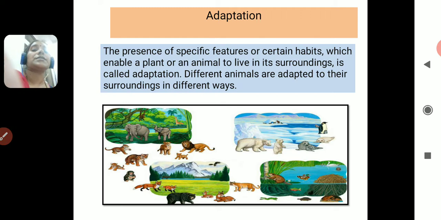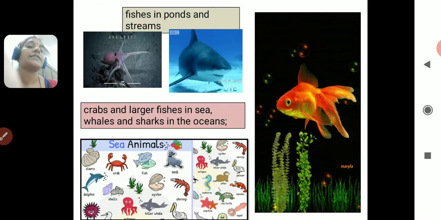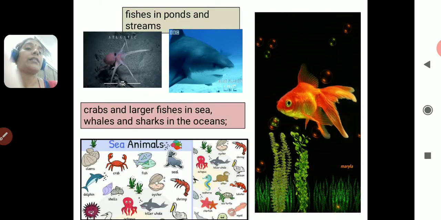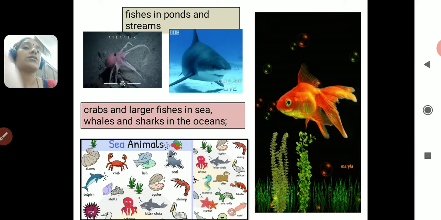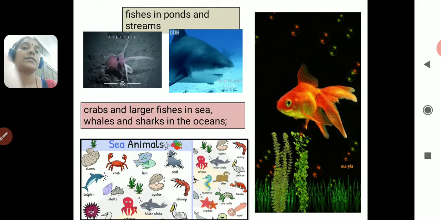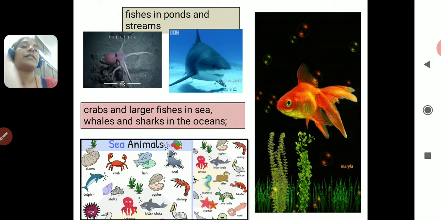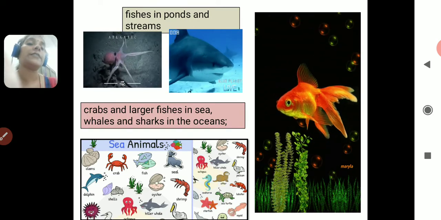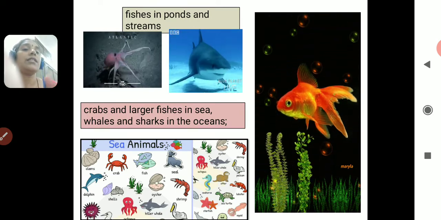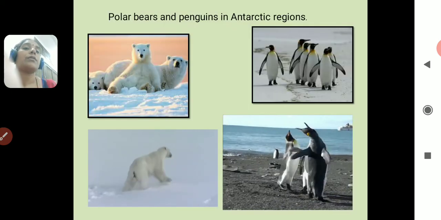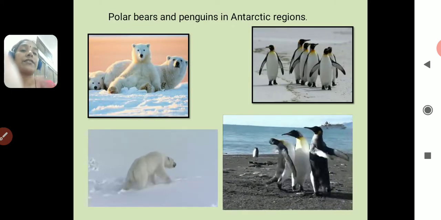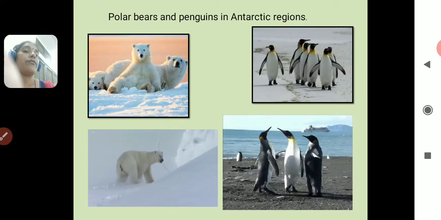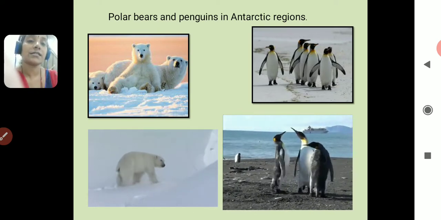Now students, you have observed different types of surroundings. Aquatic is the surrounding of water animals. Here different varieties of living organisms can survive. The polar region is a different surrounding, and a different variety of animals live here successfully.